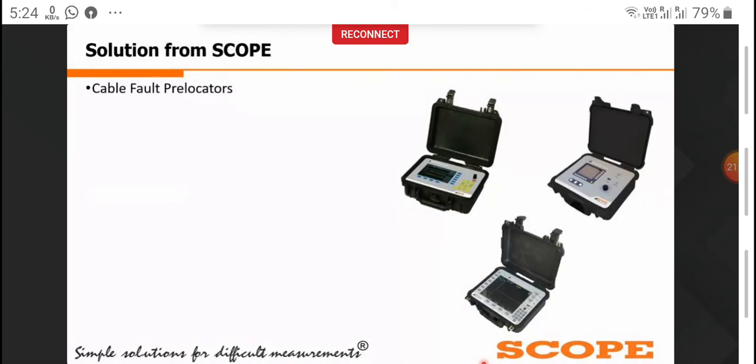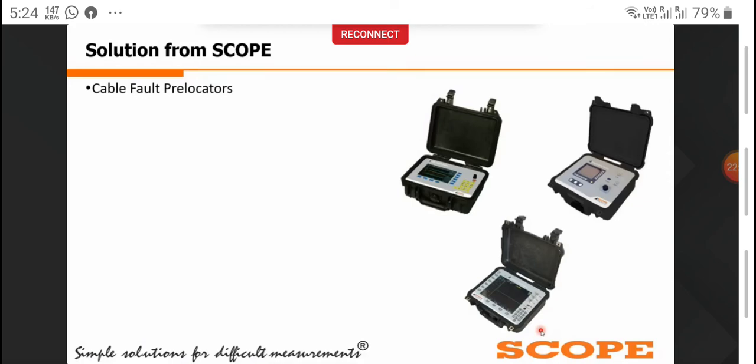Scope provides various types of prelocators depending on customer requirements. We have prelocators which can detect the fault location up to a maximum of 256 kilometers. In the third picture you can see our CFL PL4 Plus, which is the advanced model with 256 kilometer range and a 10-inch color display, in which we have also provided a screenshot facility.